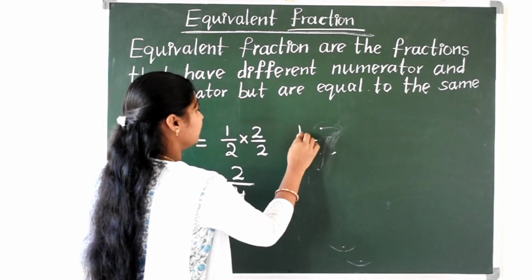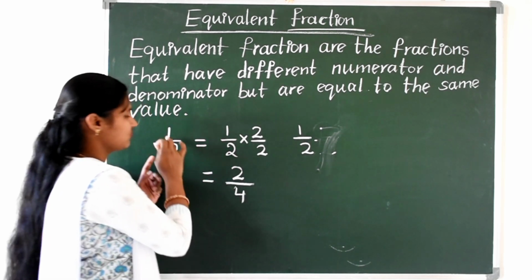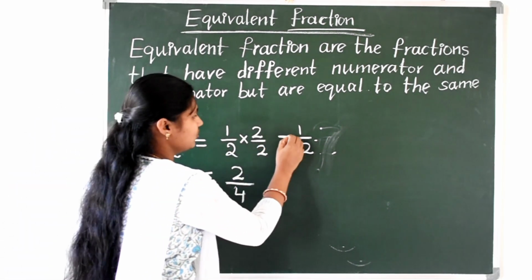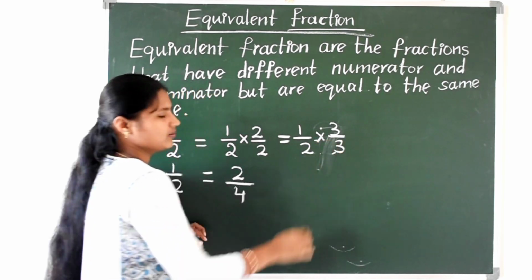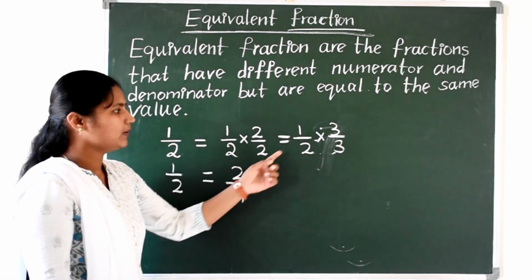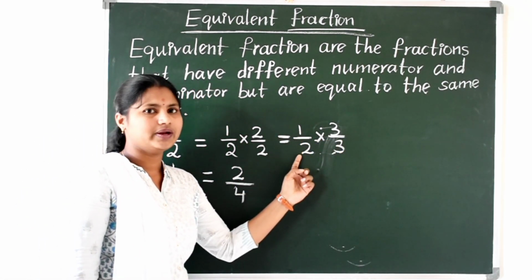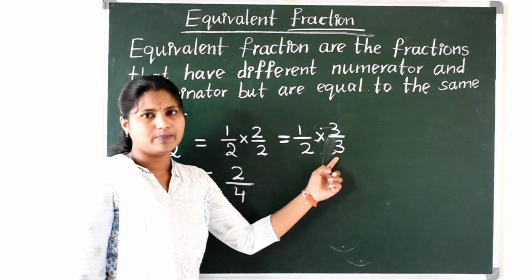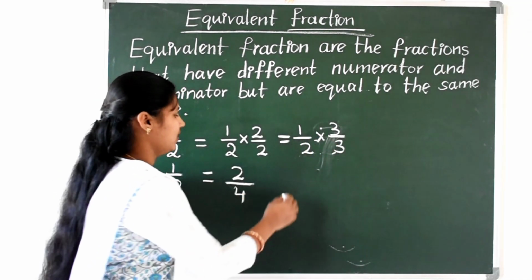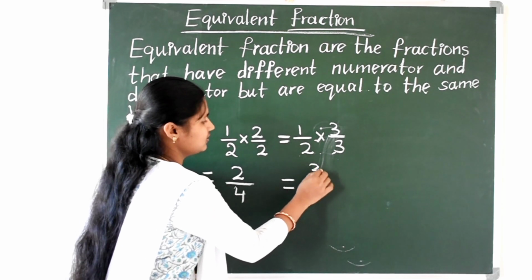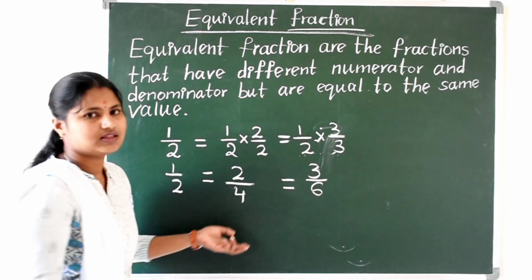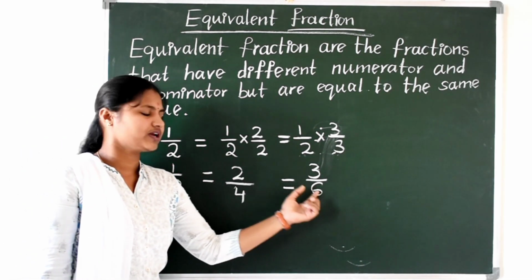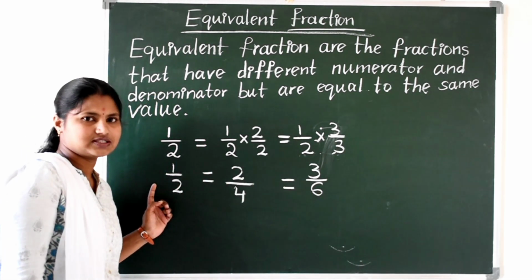I am multiplying 1 by 2 with the number 3. Multiply the numerator and denominator by the same number. 1 3's are 3, 2 3's equal 6. This is also an equivalent fraction for this fraction.